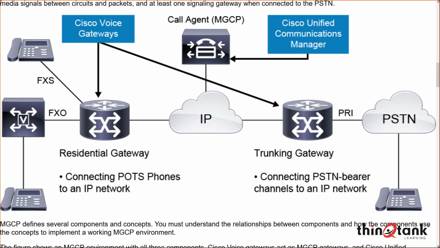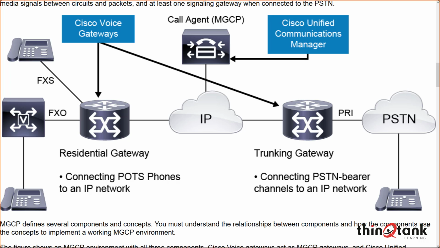So the call agent uses its directory of endpoints, the registered gateways, to establish the relationship between those endpoints, and then utilizes its own internal dial plan to determine how the calls get routed. And that's what we're going to talk about later on when we talk about route groups and route lists and route patterns.